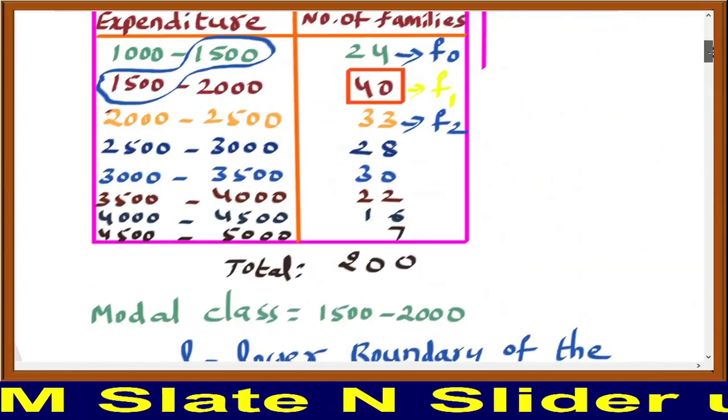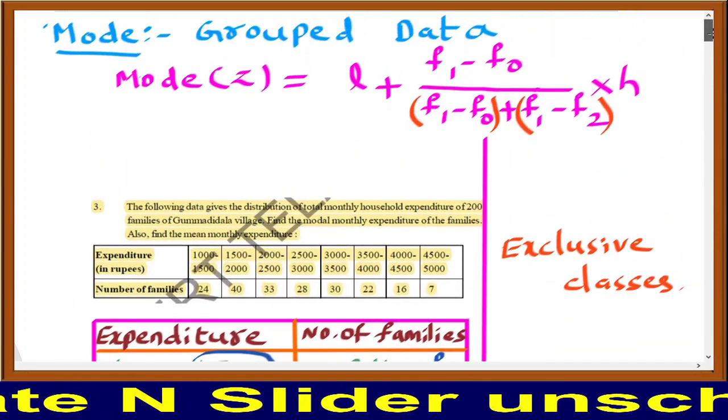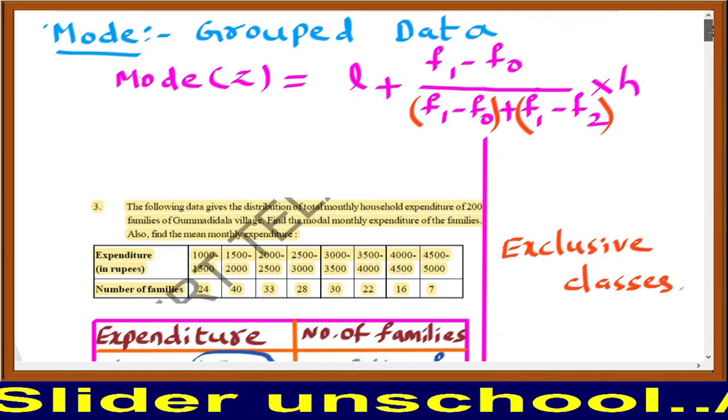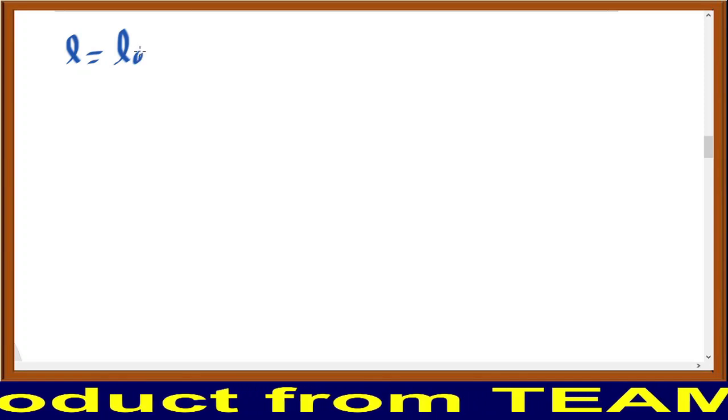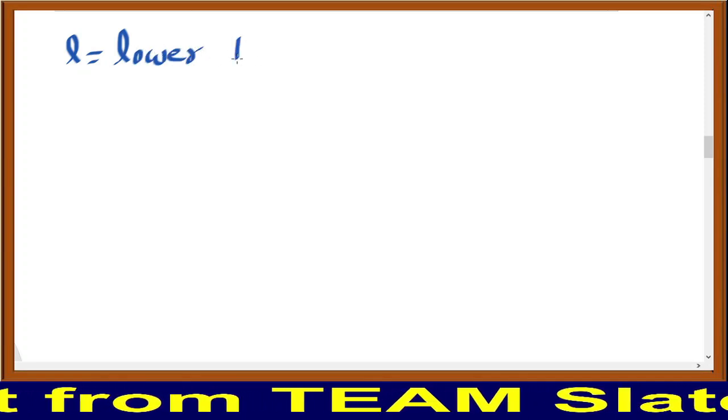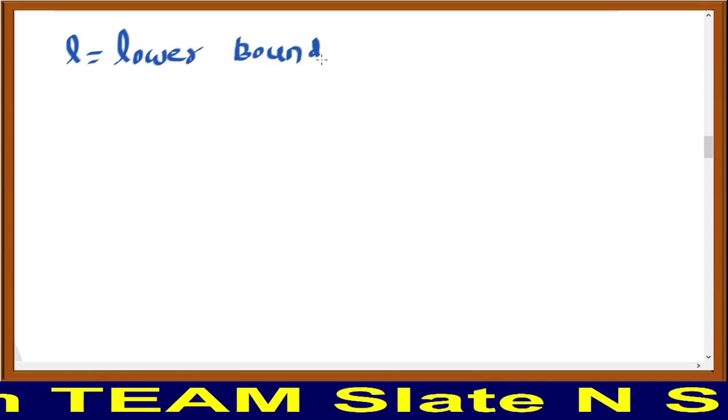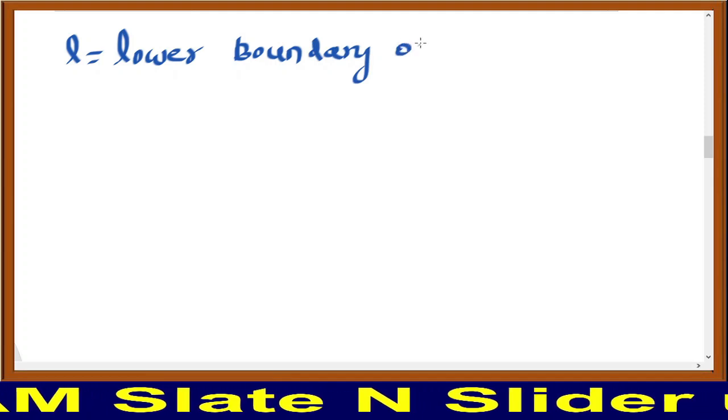Now I will write in the formula what L, F1, F0 and H are. I will write here again. L is equal to the lower boundary of the modal class.